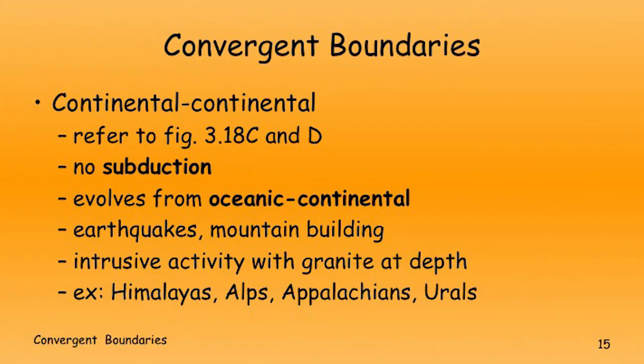So in continental convergent boundaries, again, subduction stops, but it evolves from oceanic-continental convergent boundaries. And you have very strong earthquakes, as well as mountain building, and mostly very big mountains that form.